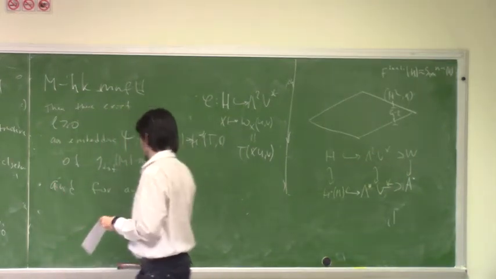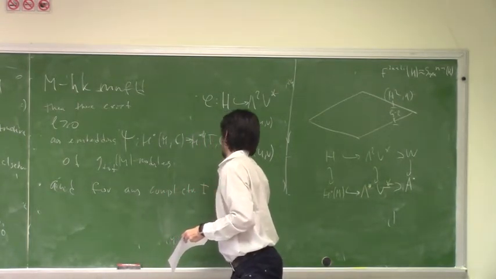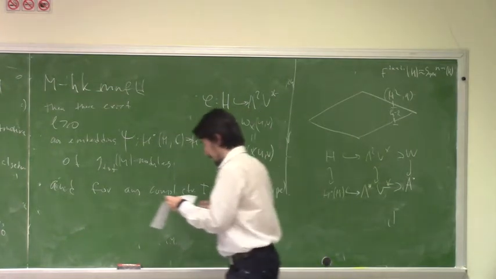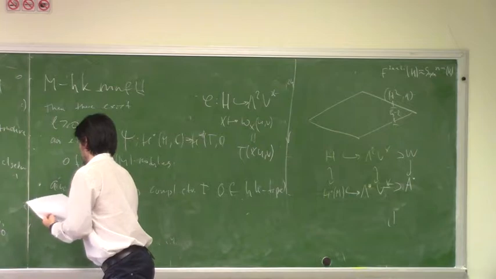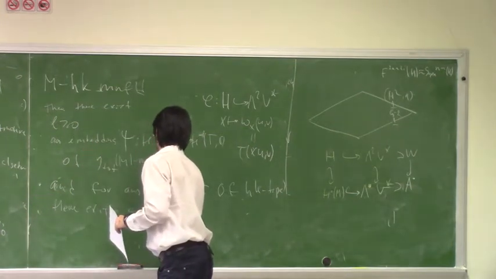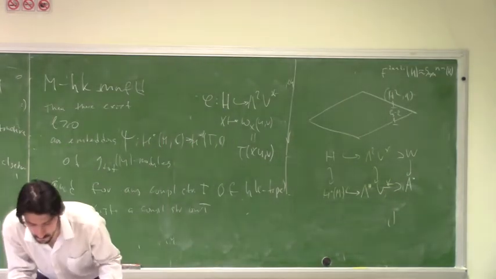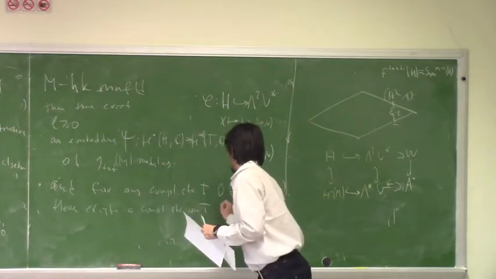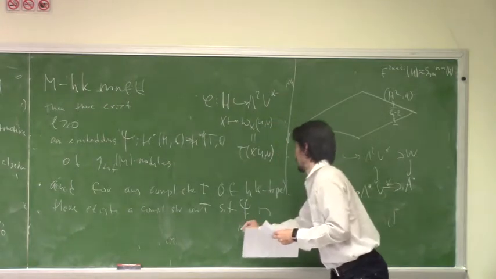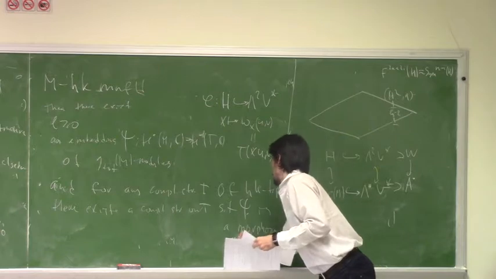complex structure I of hyperkahler type, there exists a complex structure on the torus such that this psi isomorphism is a morphism of Hodge structures.